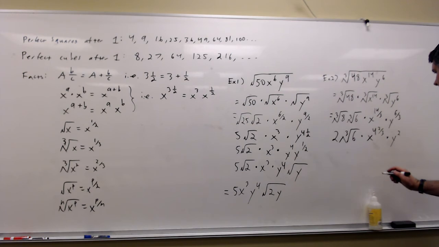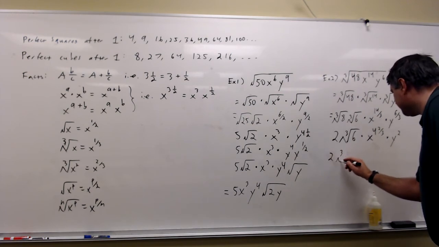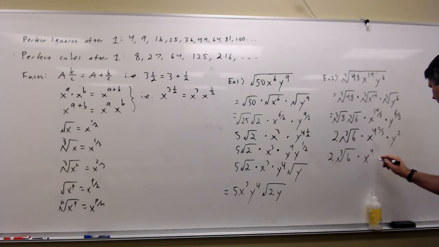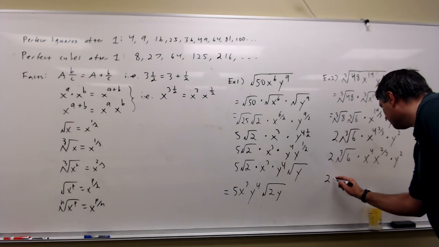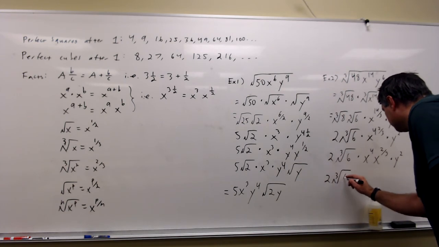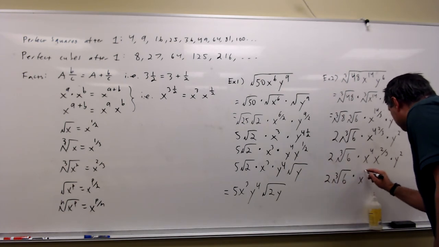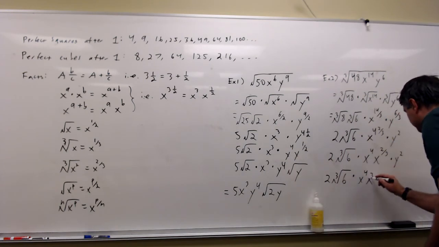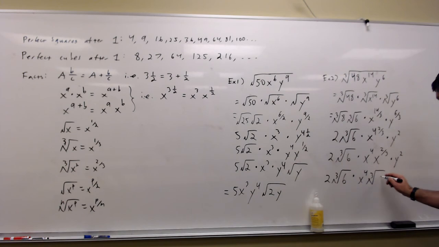Okay, so this will be 2 cube root of 6 times, I'll split this up into x to the 4th times x to 2/3 times y squared. Okay? And then I'm going to convert that back to a radical. So this will be the cube root still of x squared times y squared.